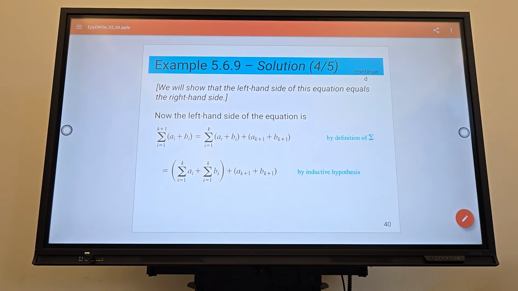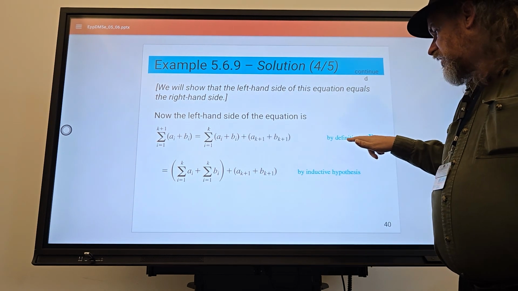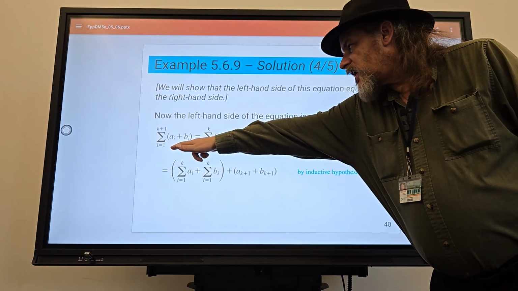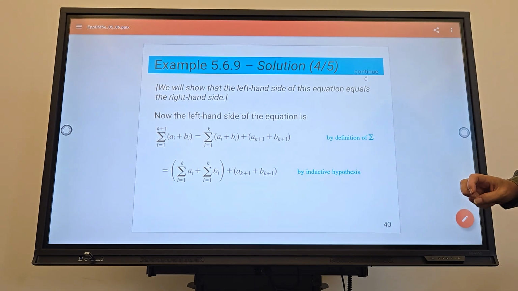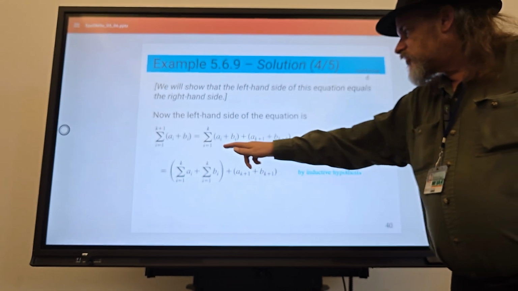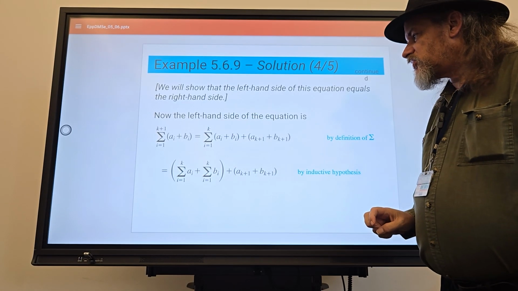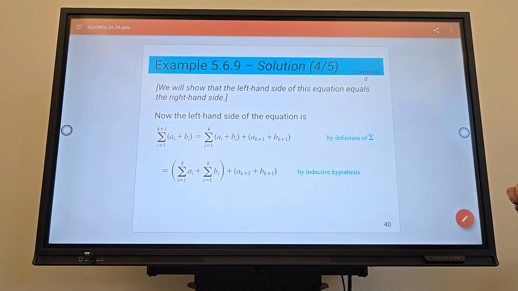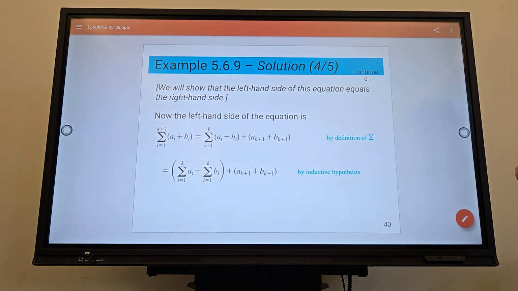Now, the left side of the equation is this. By definition of the summation, you can write the summation from i equals 1 to k+1 of a_i plus b_i as the summation from 1 to k of a_i plus b_i, plus a_(k+1) plus b_(k+1).